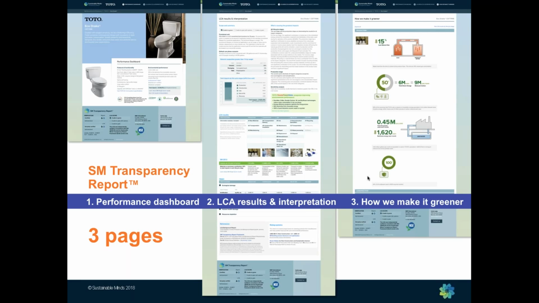And then on page 3, again optional, the manufacturer can talk about, using any combination of pictures and text, what they're doing in any or all of the life cycle stages reported here on page 2, that is impacting or improving the life cycle impacts of their products by life cycle stage.